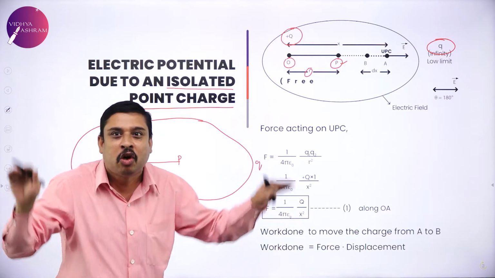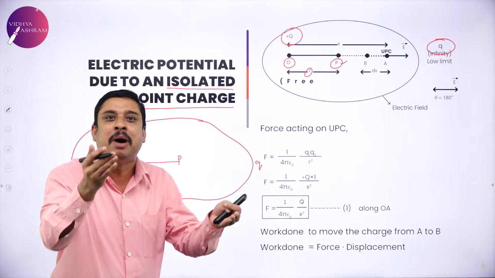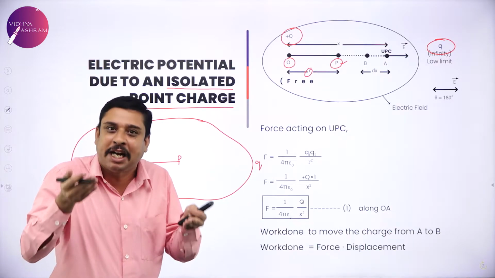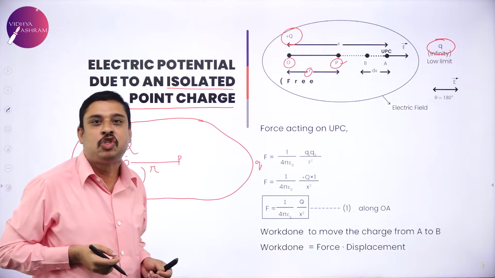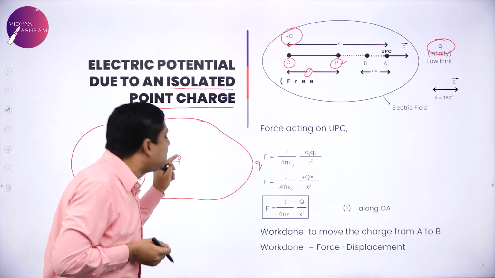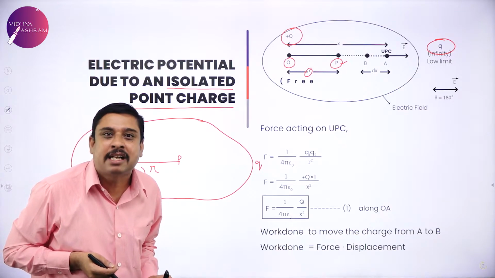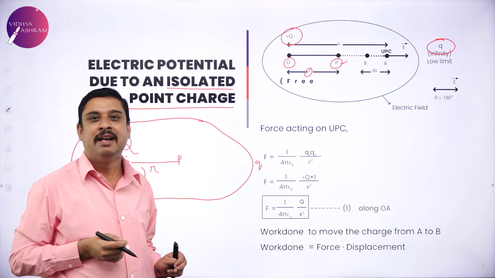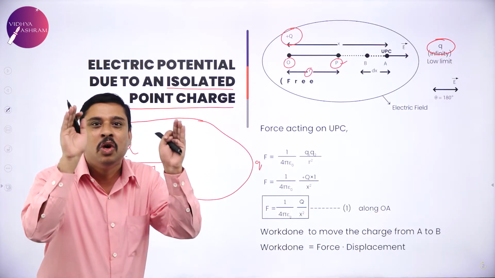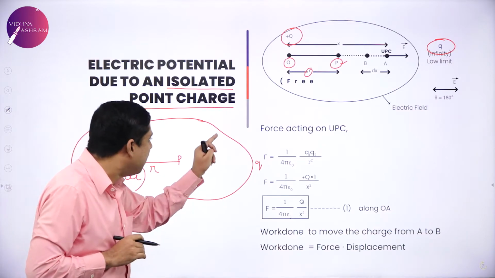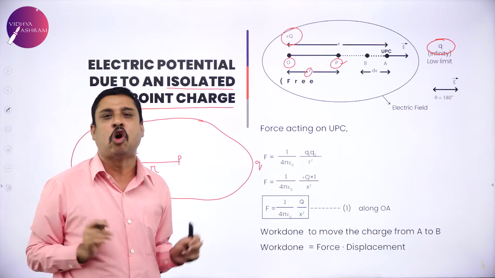Has the charge got wings? No. Then what do I do? Some amount of work. That work itself is called the electric potential at this point P. So when I say potential at the point P, it simply means the work done to move the charge from infinity to the point P. That's all.